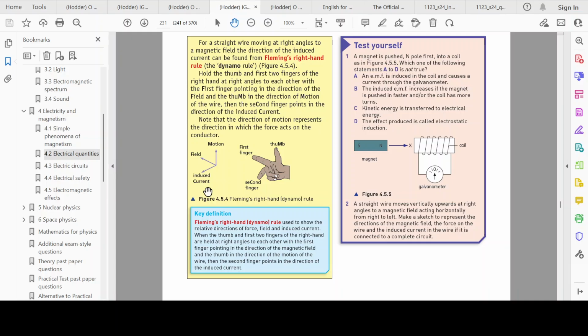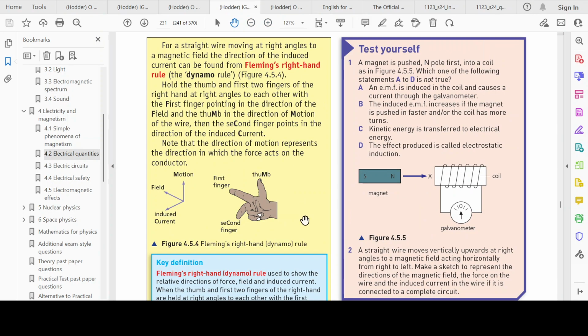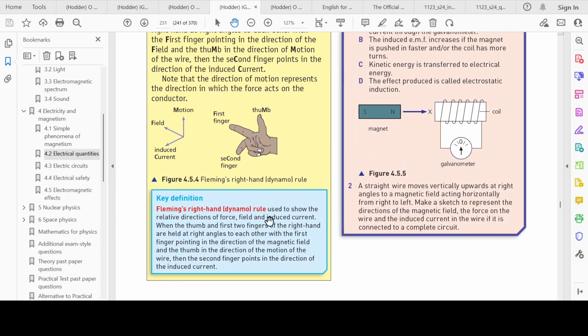So if you want to figure out which direction the induced current is going to be, over here in the definition, the thumb and the first two fingers of the right hand are held at right angles to each other, with the first finger pointing in the direction of the magnetic field, and the thumb in the direction of the motion of the wire. And they say over here the direction of the motion represents the direction in which the force acts on the conductor.